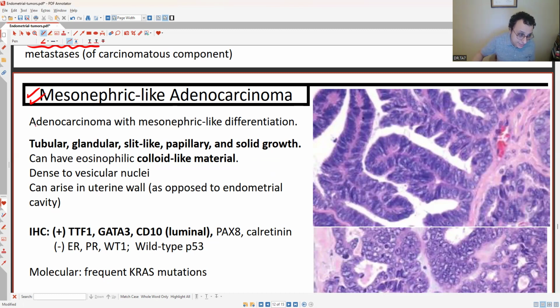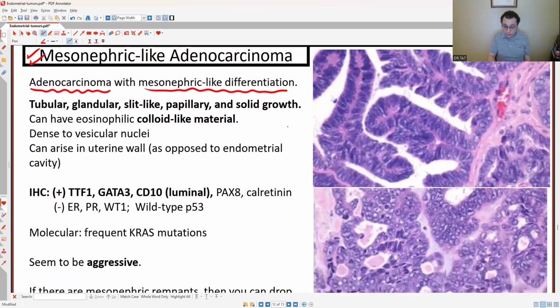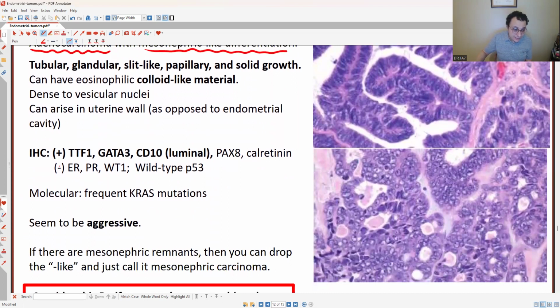However, he's saying that this is adenocarcinoma with mesonephric-like differentiation, which looks like mesonephric remnants. Remember, we had the same thing when we were talking about the cervix. We talked about mesonephric duct remnants, and I believe we mentioned that from these remnants there might be mesonephric carcinoma or mesonephric adenocarcinoma. It retains the mesonephric IHC, which are very important: TTF1 and GATA3.